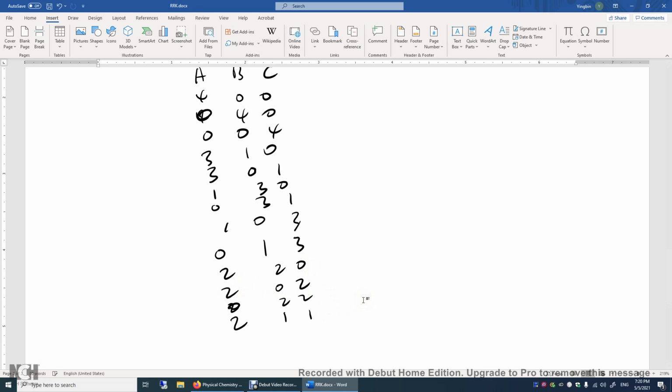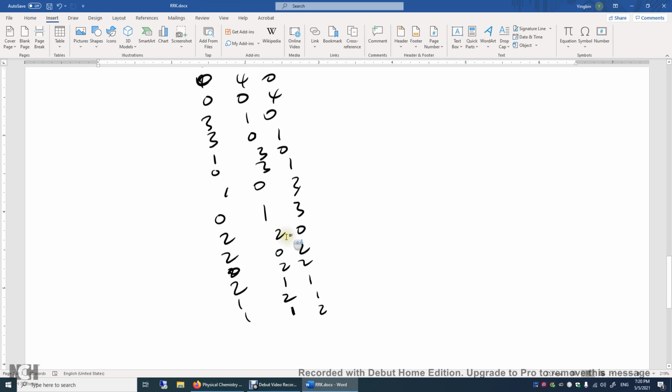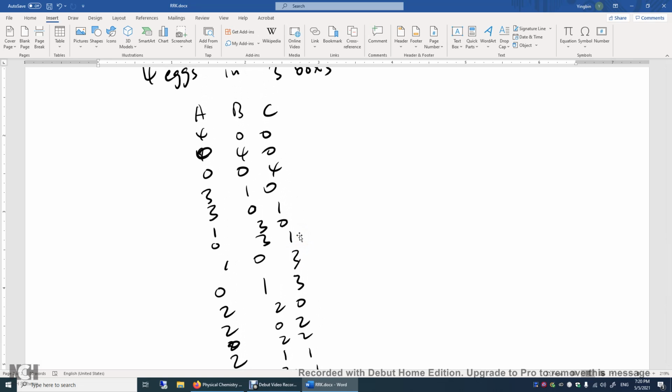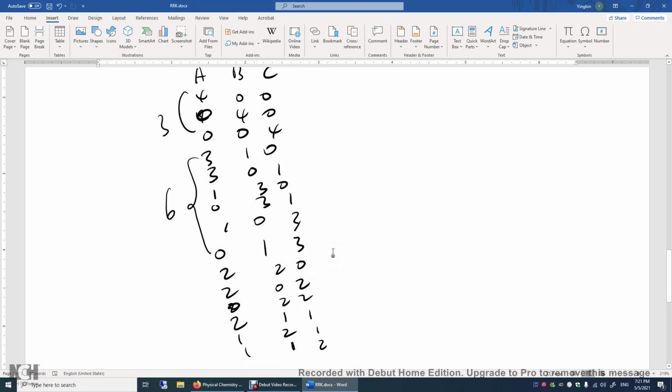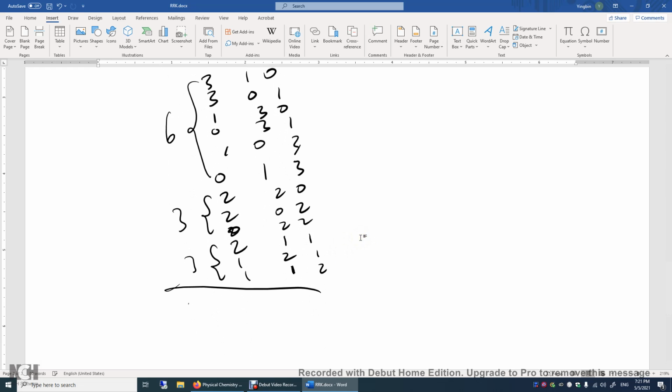We can have 2, 1, 1. Right, and then we have a total number of arrangement 3 here. We got 6 here, right? And then we got 3 here, and another 3. So we have now 15 arrangements.